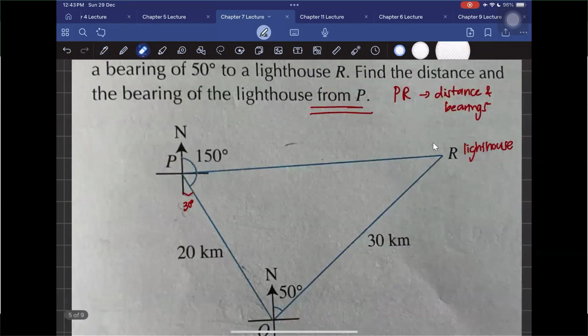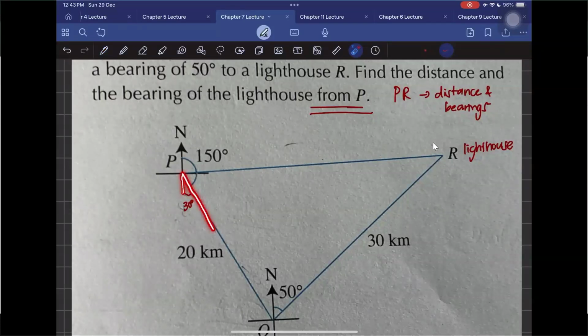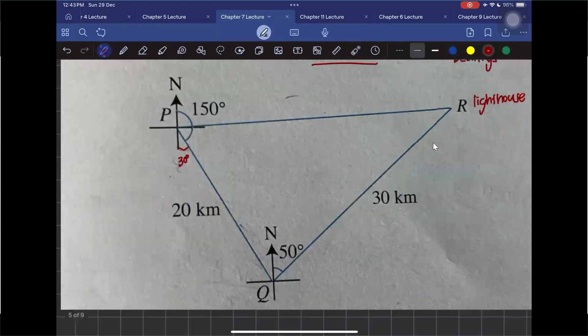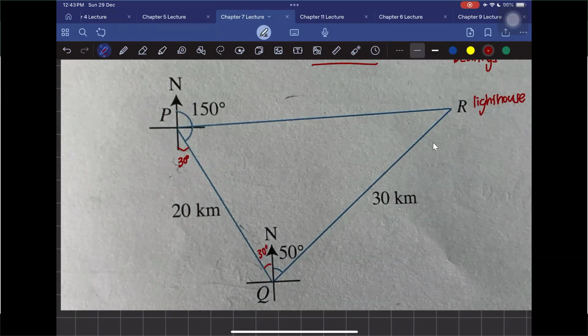Then this north pole and this north pole are actually parallel lines. Given that they are parallel, you can use alternate angles to find out what this is. So now you have the angle for one side of your triangle.